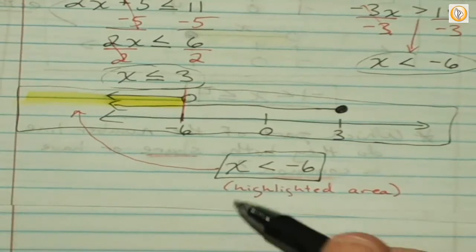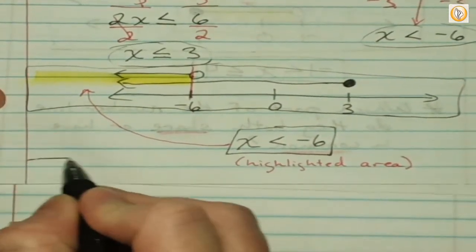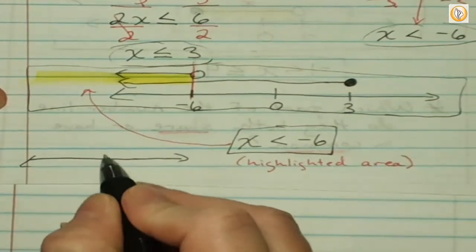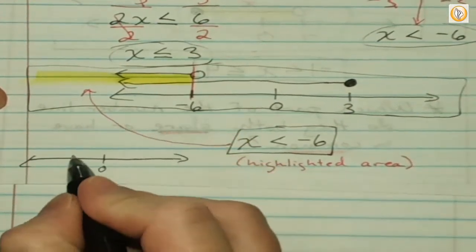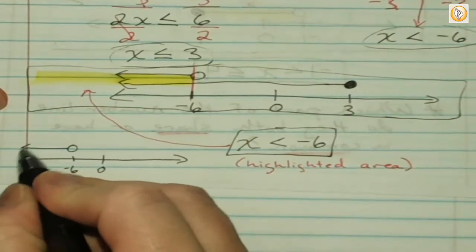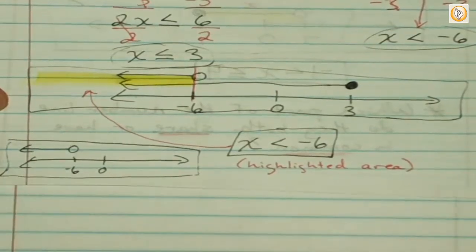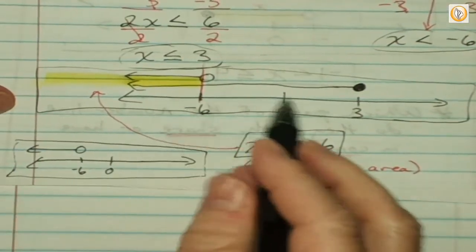If we were to just show this as a graph, as an answer, it would look like this. If they wanted a graph as an answer, it would look like that. You wouldn't have to show all of this.